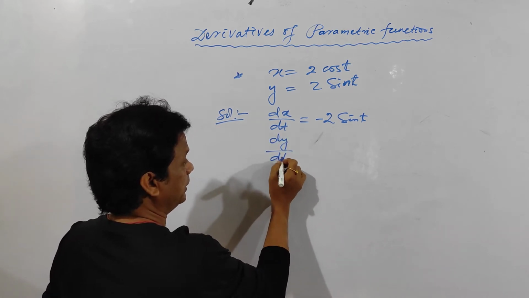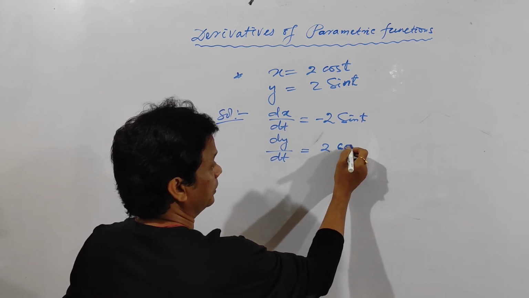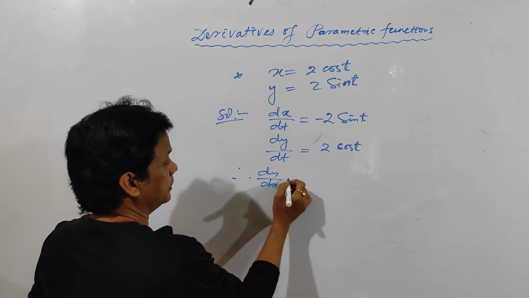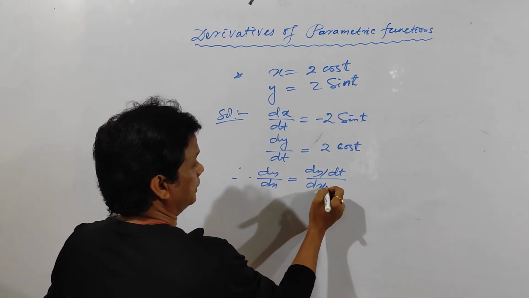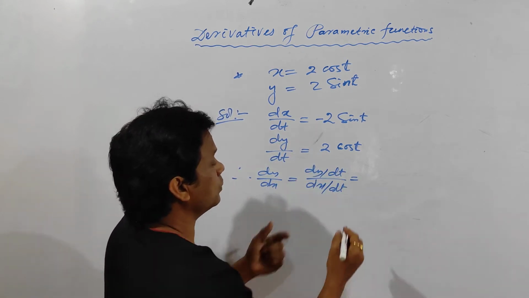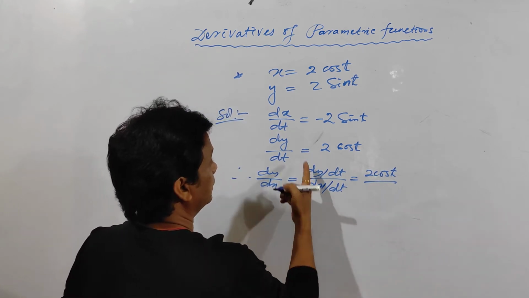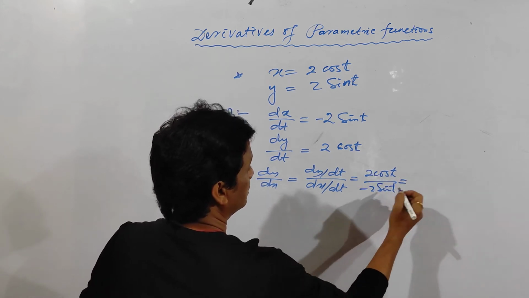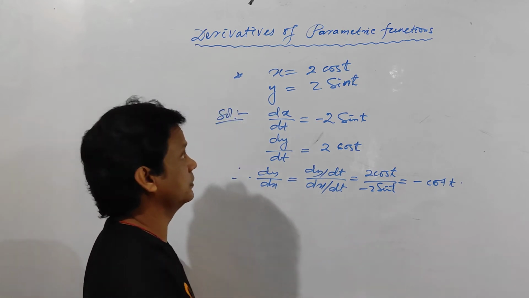Similarly find dy by dt. 2 is constant and derivative of sin t is cos t. So therefore dy by dx is equal to dy by dt divided by dx by dt. Clear? And dy by dt is 2 cos t and dx by dt is minus 2 sin t. So 2 cancel out, minus cot t. This is the answer.